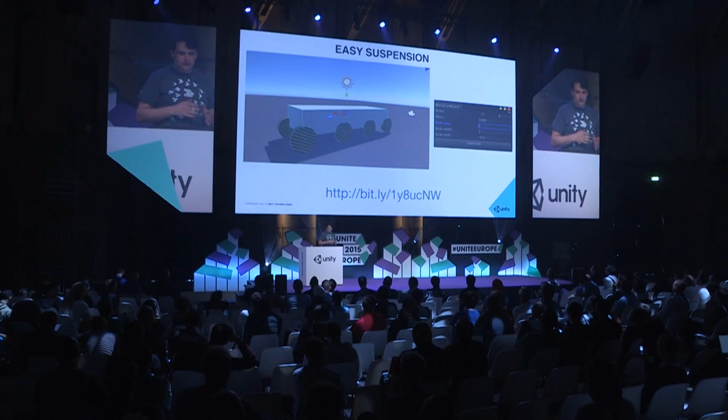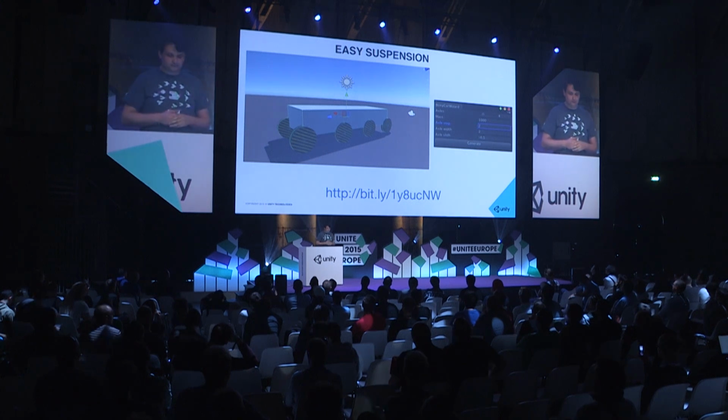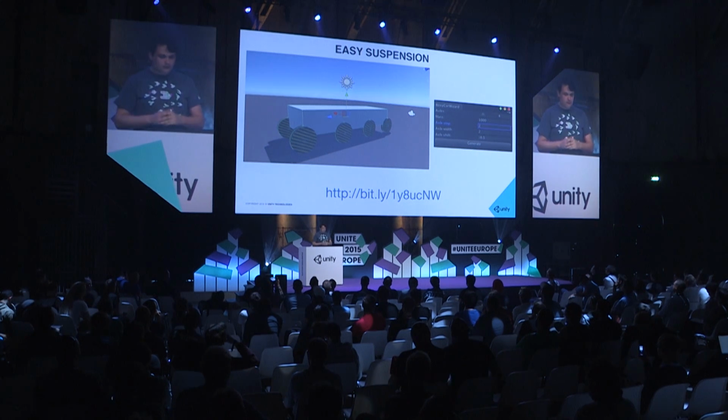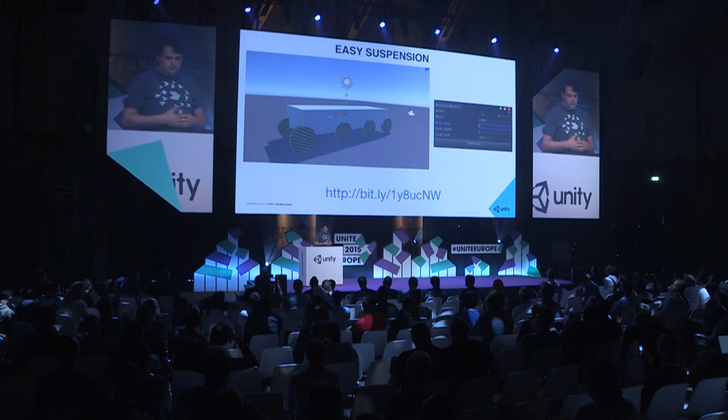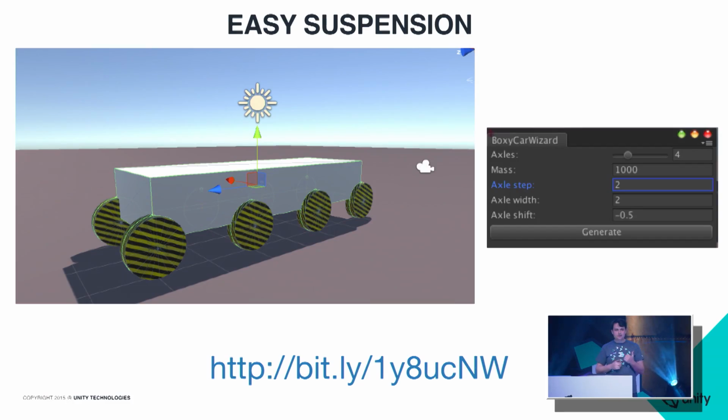Easy Suspension is a project that creates those box-shaped cars. And why is it useful, really? It is useful because it creates those cars in just a couple of clicks. You only specify how many axles you want, and then you specify mass and a few geometric parameters, and you get this car which already works.